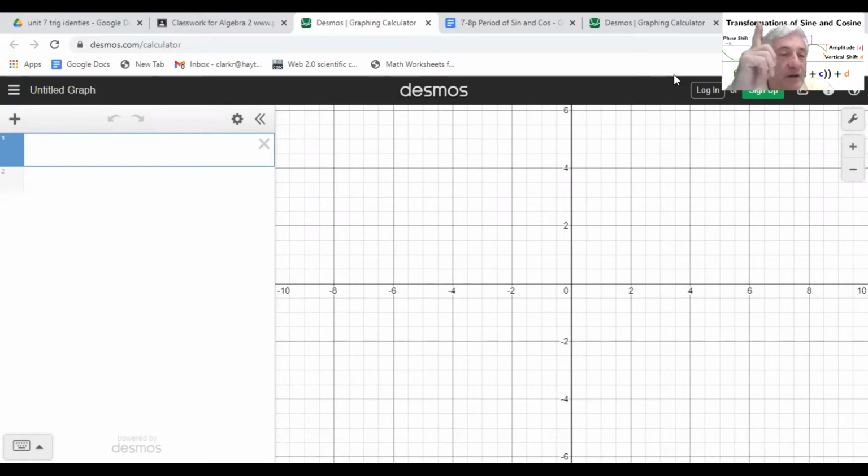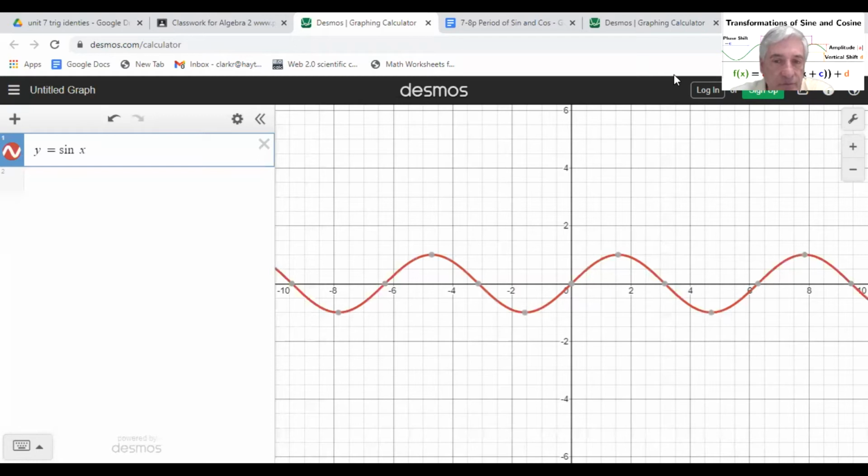We all know from the other day that y equals sine of x should look like that. How do we know it's sine? What's the sine of 0? 0. What's the sine of 90 degrees? 1. If we were plotting sine and it didn't come up 0, it either might be cosine that we're actually looking at, or it might have a shift, and we'll talk about that in the next video.